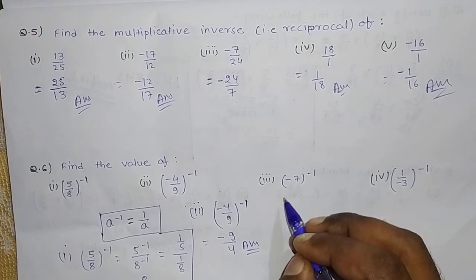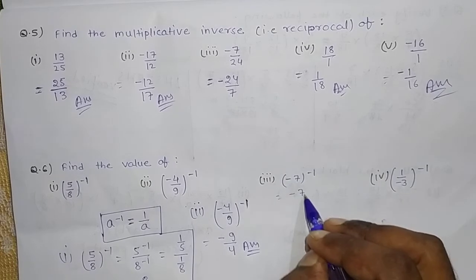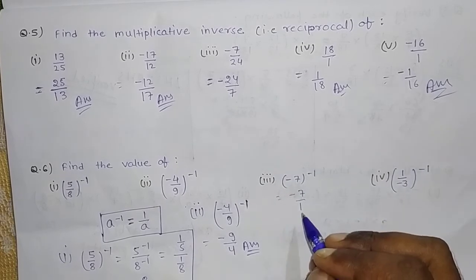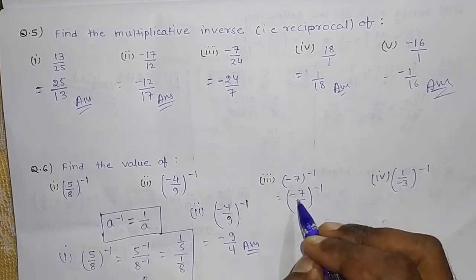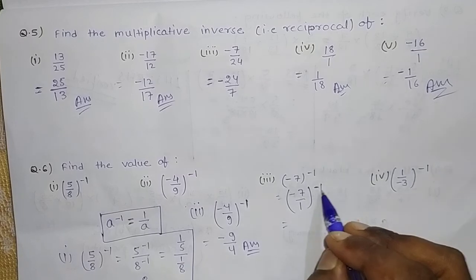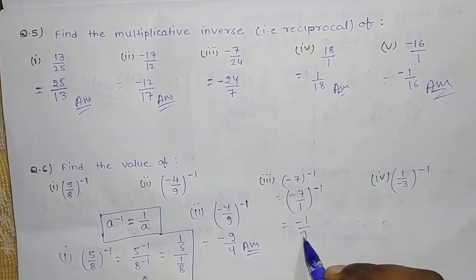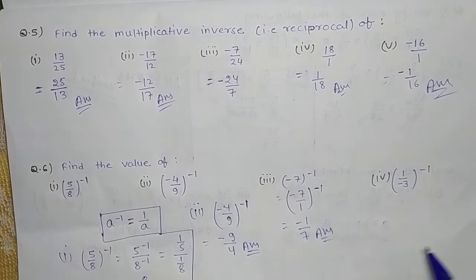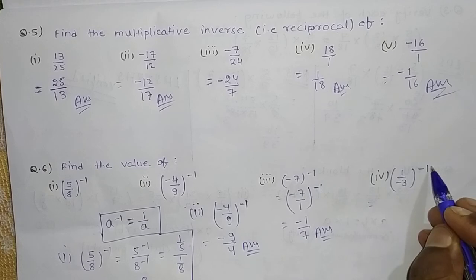Now question number 3, minus 7 to the power minus 1. Here we can write minus 7 upon 1 to the power minus 1. Now for removing power minus 1, just reciprocal it, that becomes minus 1 upon 7. This is the answer. Now question number 4, 1 upon minus 3 to the power minus 1.